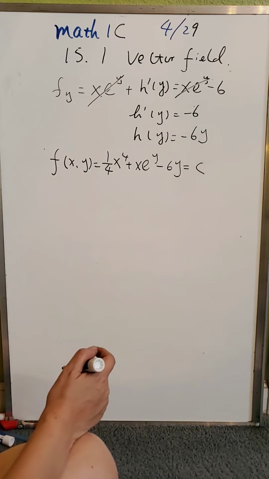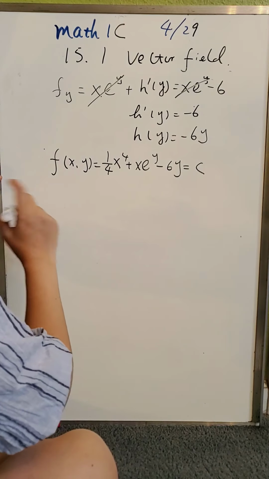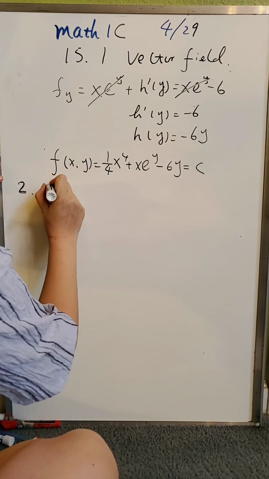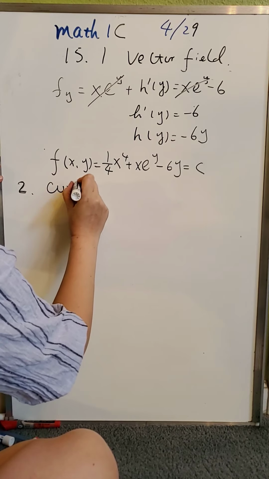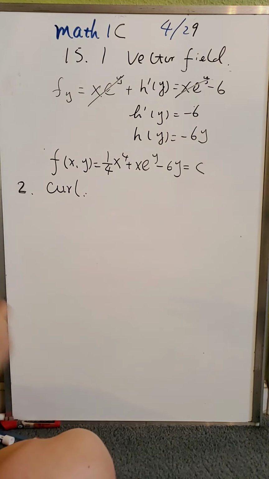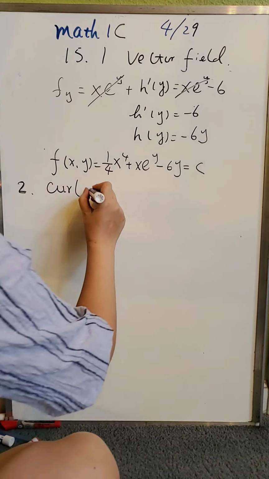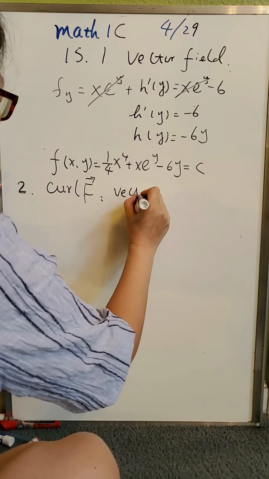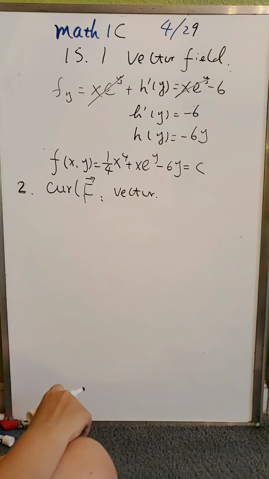So now, earlier I mentioned the curl, okay? So the second character is the curl. What is the curl? Okay, curl f. This is a vector. What does this vector equal to?